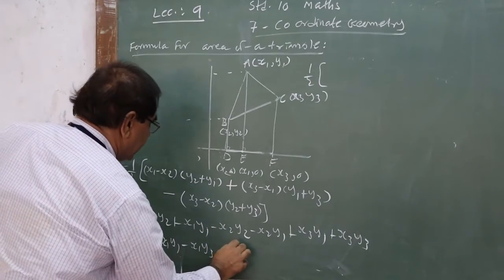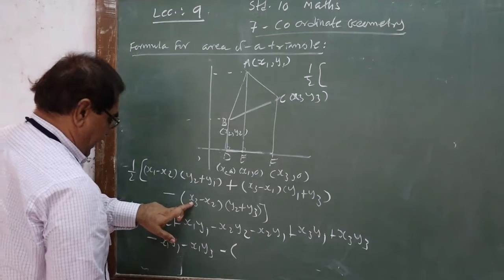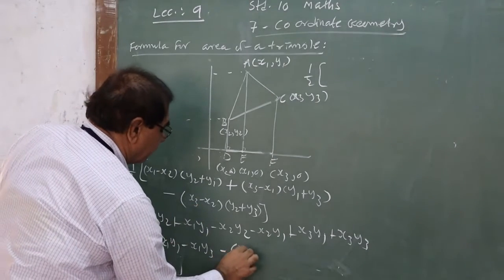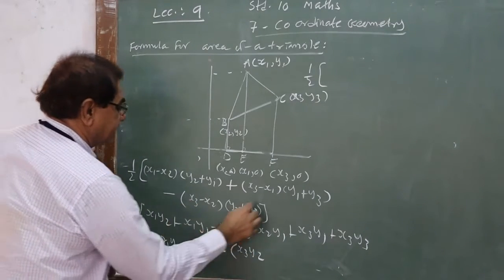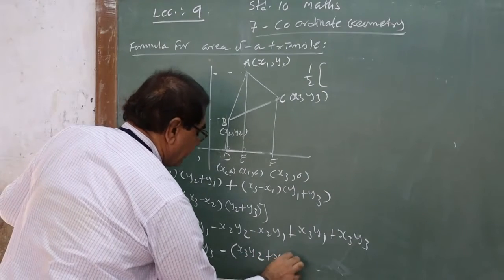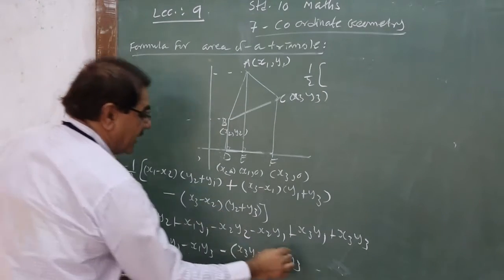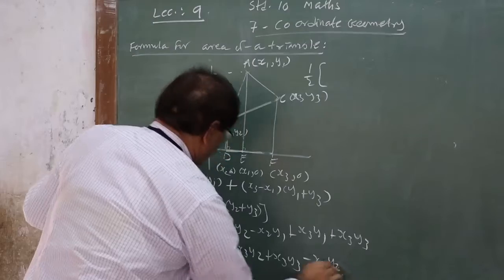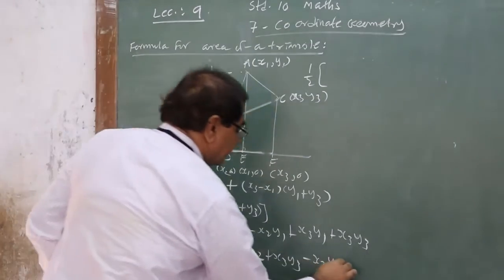Now minus sign into bracket: x3 y2 plus x3 y3 minus x2 y2 minus x2 y3.